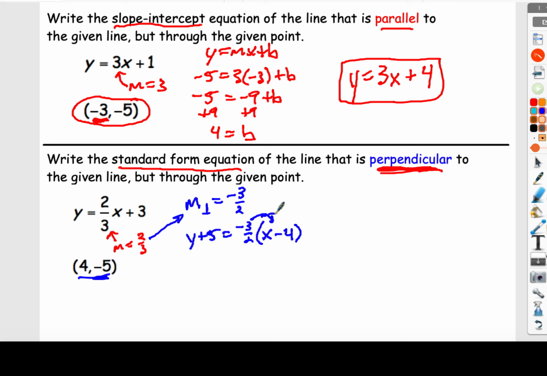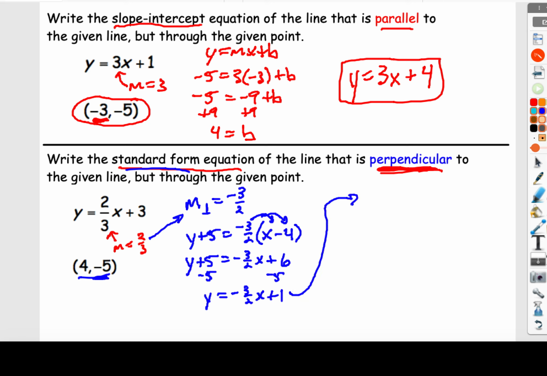To get ourselves into slope-intercept form, working our way towards standard, we're going to first distribute. So this is negative 3/2 x. Negative and negative makes plus, and 3/2 of 4 would be 6. And then finally subtract our 5 here. So we're going to be y equals negative 3/2 x plus 1.